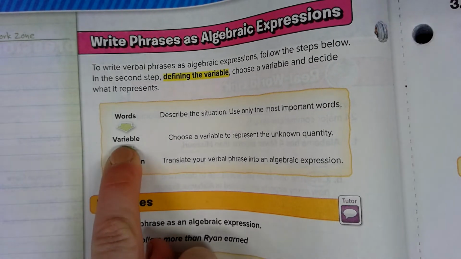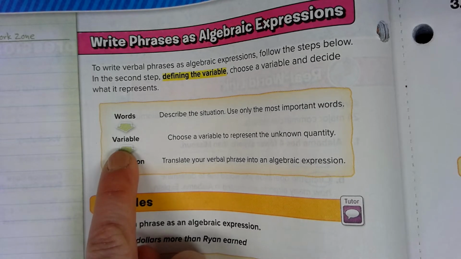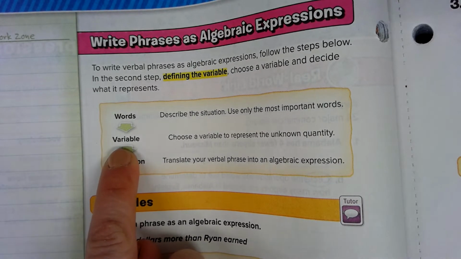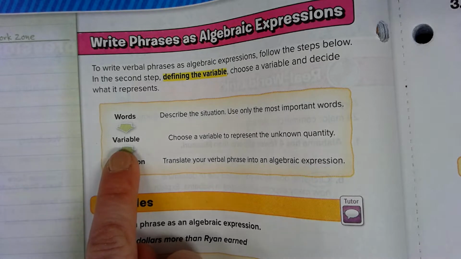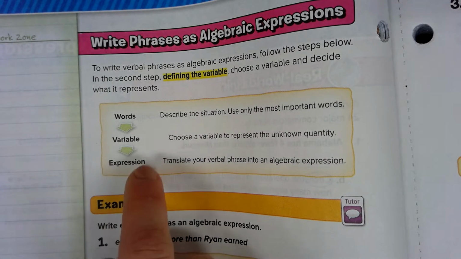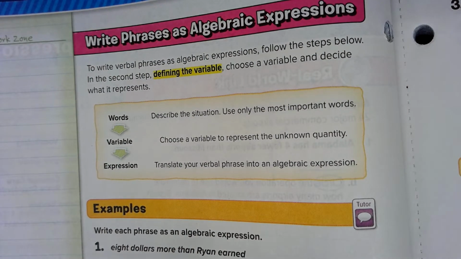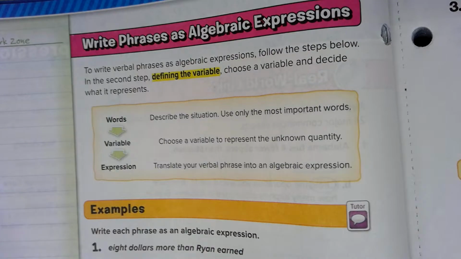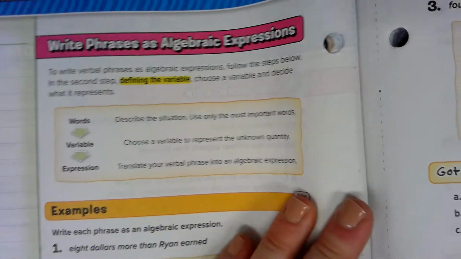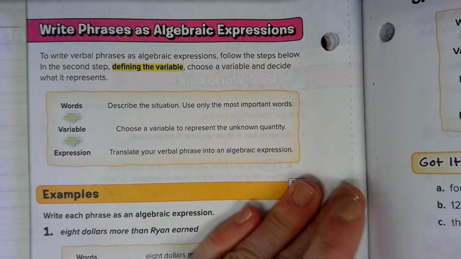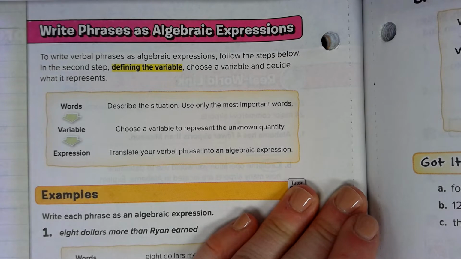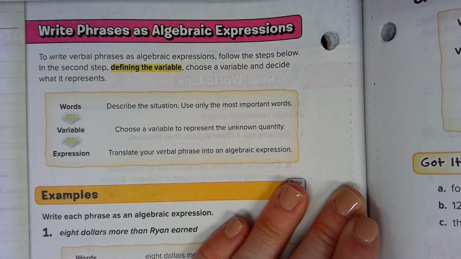Biggest part to remember is when we're choosing a variable to use in our expression, choose something that represents the unknown quantity in the problem itself. So a lot of times x is the most common variable. If we always use x, sometimes that could get a little confusing. So sometimes choosing your variable to match what you're trying to find in the problem helps the reader understand what's going on.